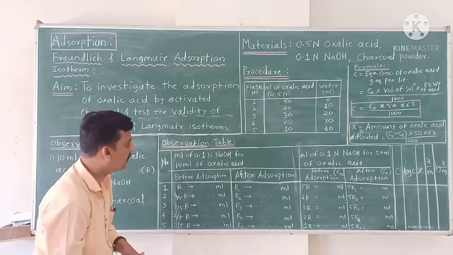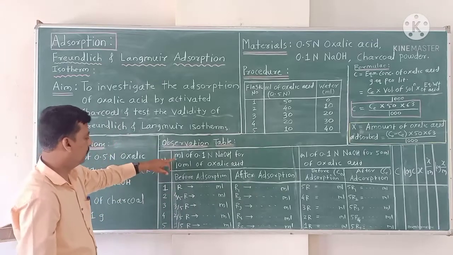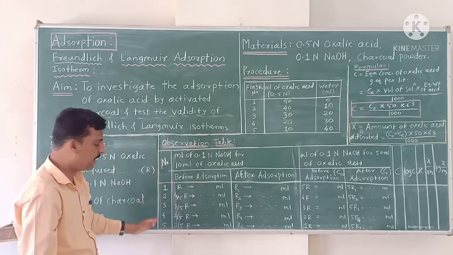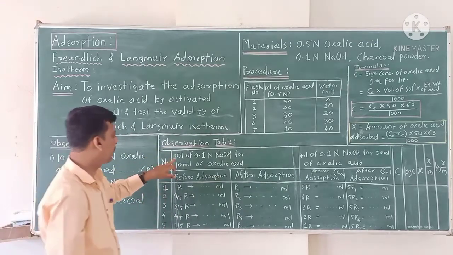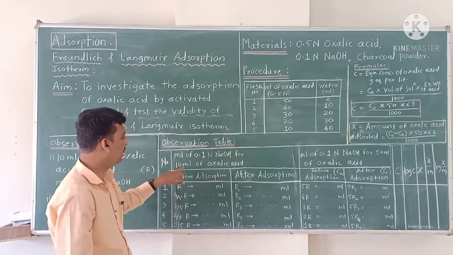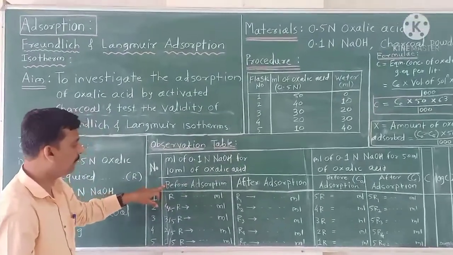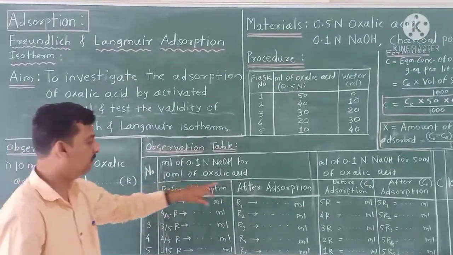Now in the observation table, we have to take 5 readings, in ml of 0.1 normal NaOH for 10 ml of oxalic acid, before adsorption and after adsorption.